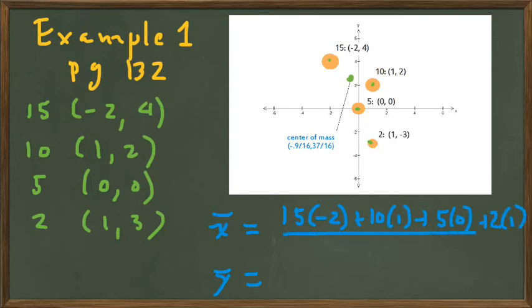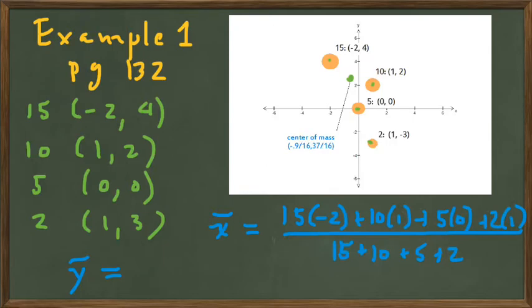Then we normalize that by dividing by all of the weights, which are 15 plus 10 plus 5 plus 2. The y center of mass is calculated the same way, except we're using the moments across the y-axis.